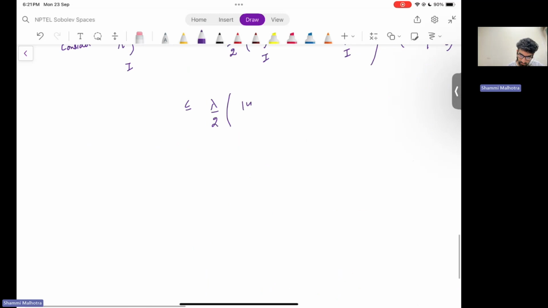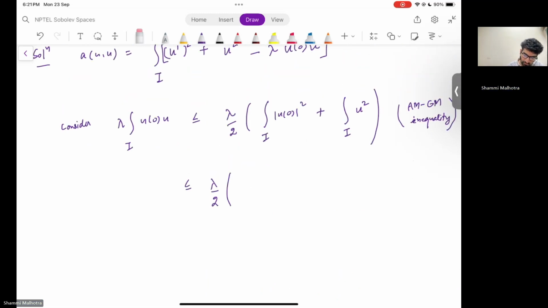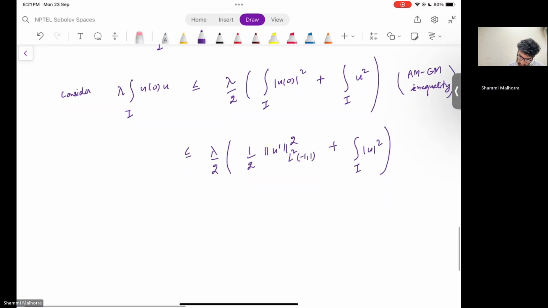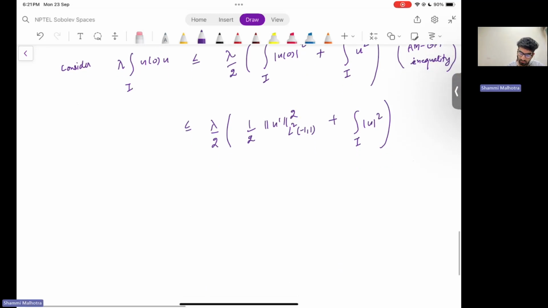So using this, this is nothing but 1 by 2 times the L2 norm of u' on minus 1 to 1 squared plus the integral over I of |u|^2.